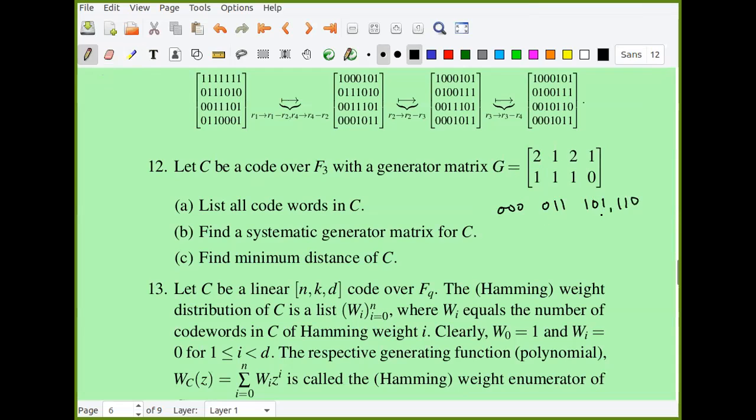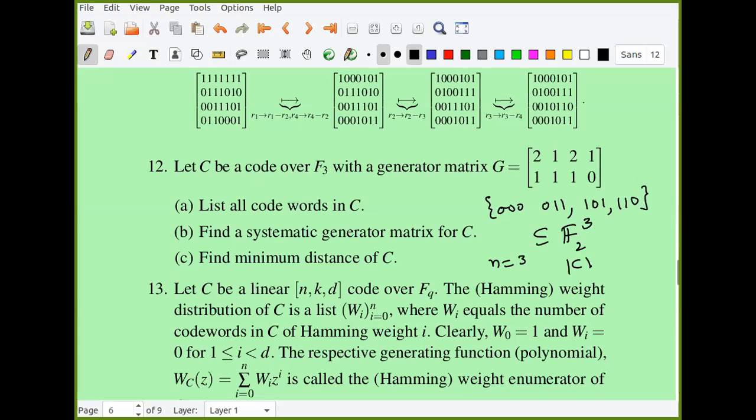Is it a linear code? Yes, sir, it is a linear code. So it is a subset of what? F2 power 3. So n equals 3.